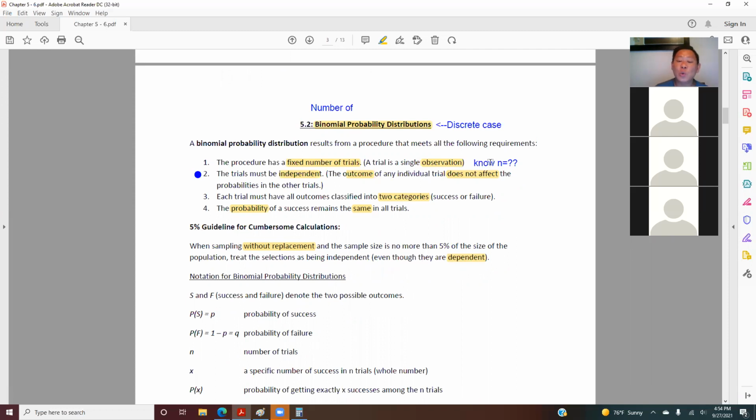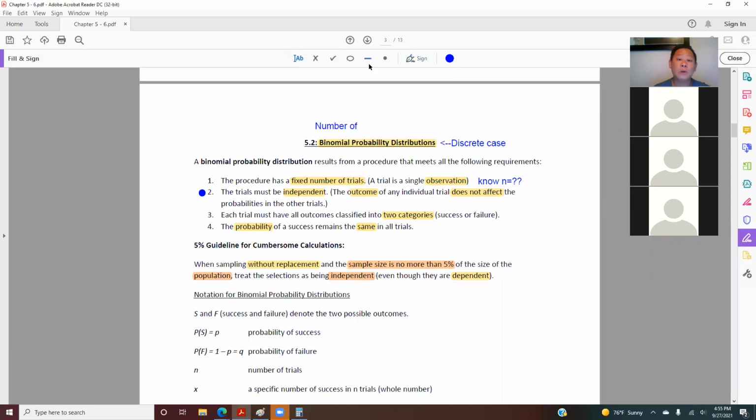But we can treat this as an independent case as long as the sample size is no more than 5% of the population. Okay, so I'm going to tell you what the meaning of this is. The keyword here is definitely without replacement. So when you read this keyword in your homework or in your test, it is talking about this special requirement.